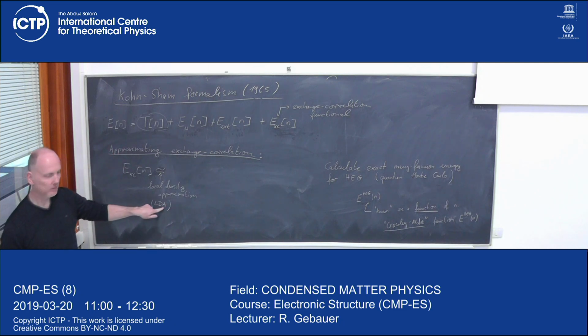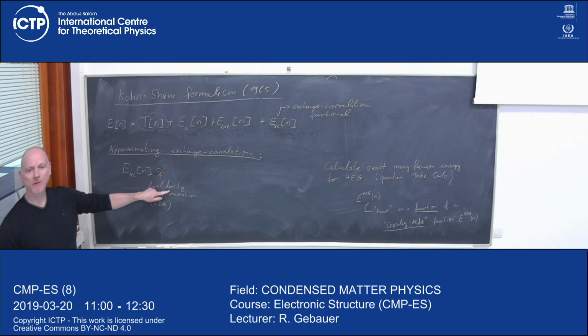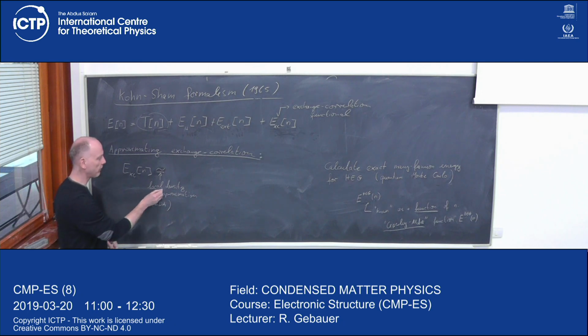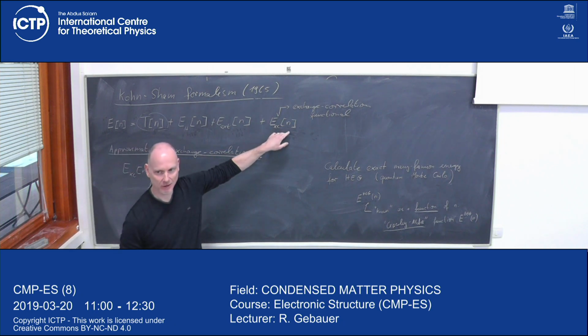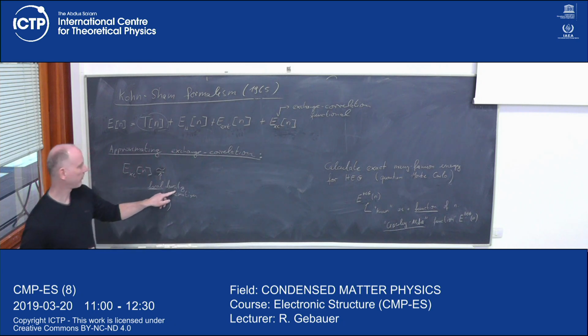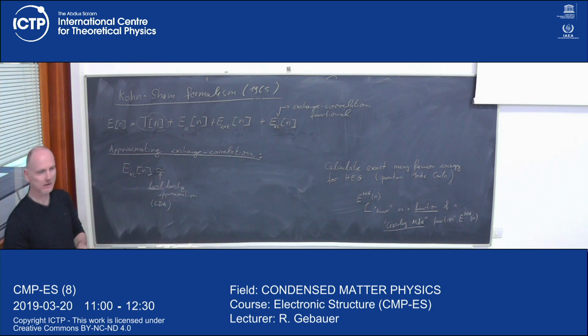So, local density approximation, again here everything is important. The word local, you will see why local is so important in this thing. Approximation, because obviously you're approximating exchange correlation, and what you're approximating is the dependence on the density.